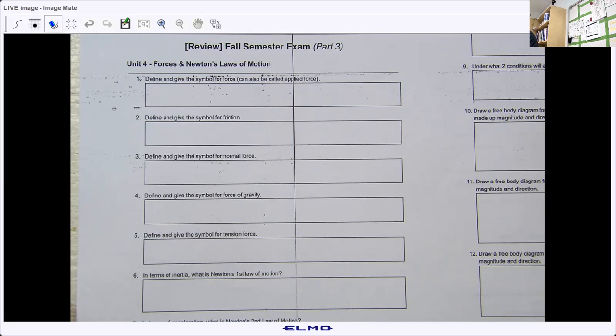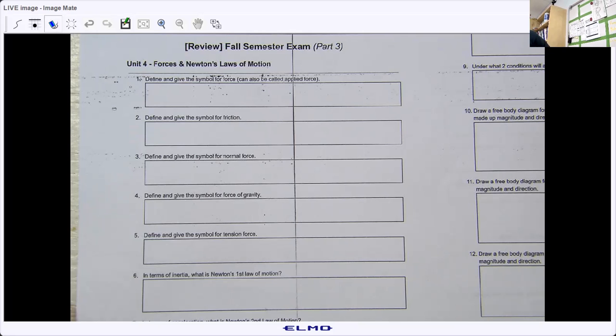In terms of inertia, what is Newton's first law of motion? Newton's first law of motion is inertia. And the easiest way to look at that is saying that objects will continue to do what they are doing unless there is an unbalanced force.